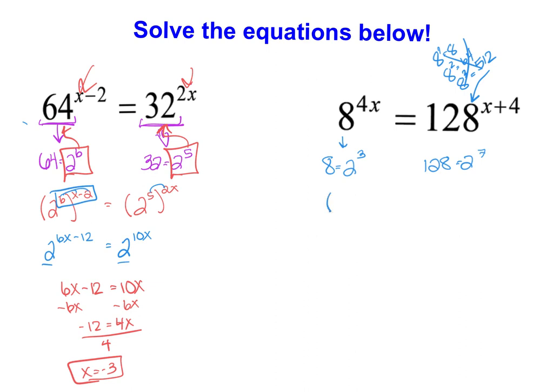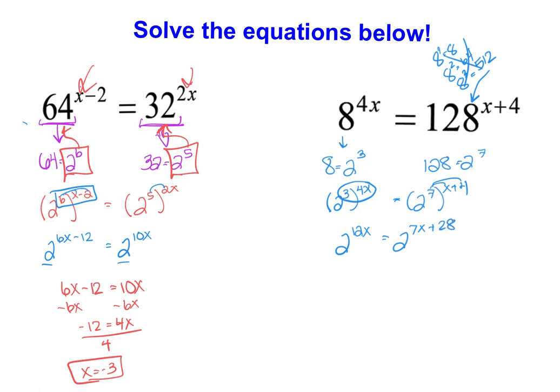So here I'm going to replace 8 with 2 to the power of 3, then replace 128 with 2 to the power of 7. We multiply our exponents together, so we get 2 to the power of 12x. And here we multiply the 7 by both terms, so we get 2 to the power of 7x plus 28.